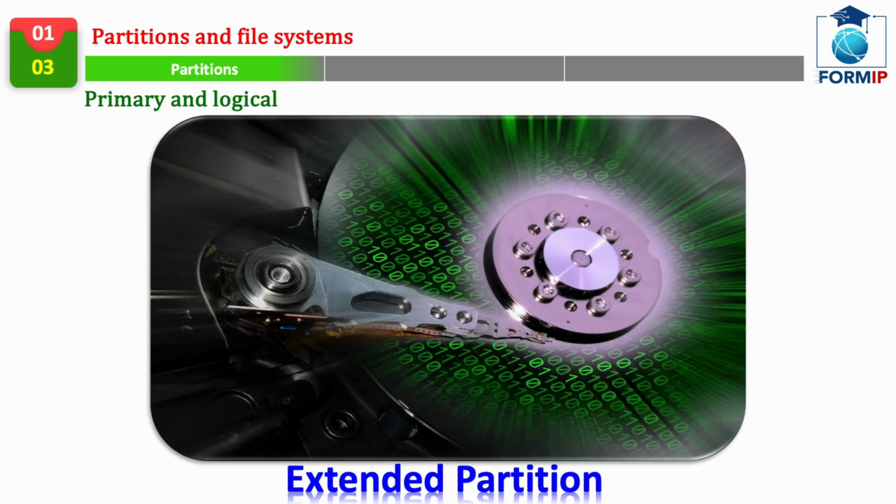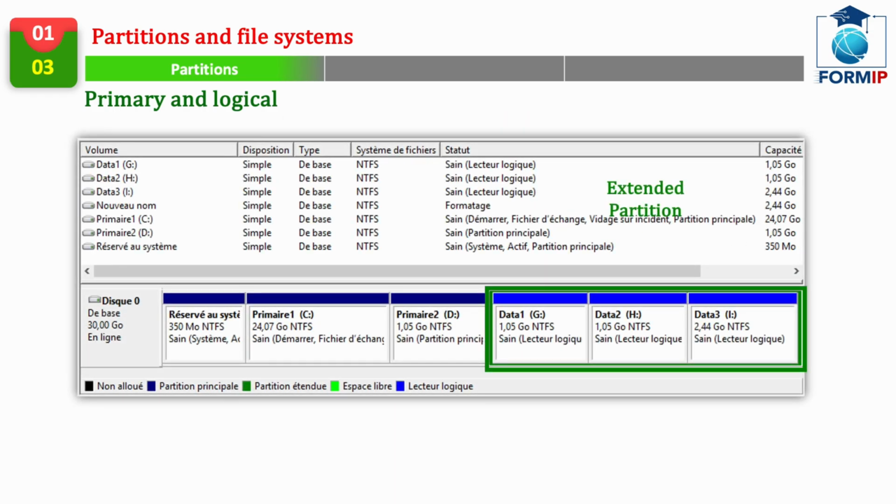It is also possible that you hear the term extended partition. With all these words, it is enough to be lost. An extended partition is the result of splitting a primary partition. Since a logical partition will never be a primary partition because it is not bootable, that's why the extended partition was created.